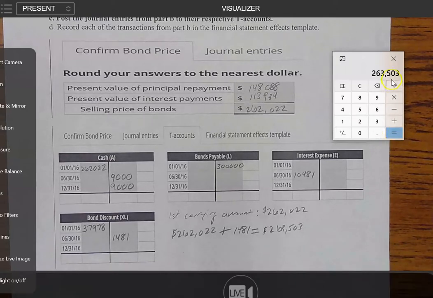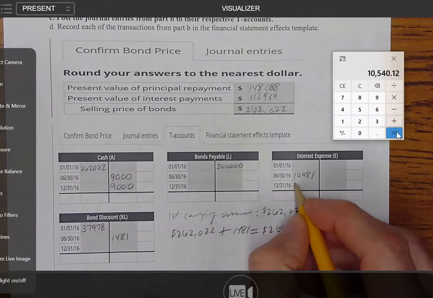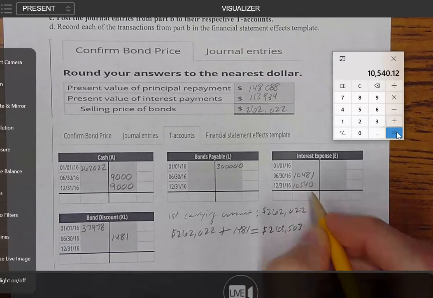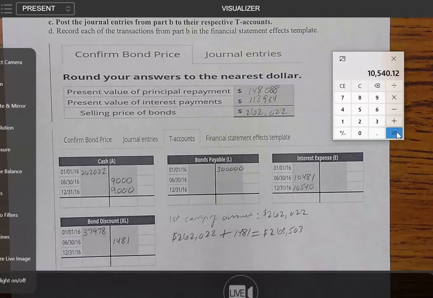263,503. And we're going to multiply this number, not this number, by 4%. Okay, and that's going to give us an interest expense of $10,540. And then since I'm going to use all whole numbers, I'm going to get rid of that 12 cents. And so that's what I recorded, 10,540.